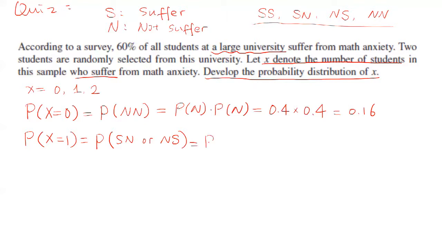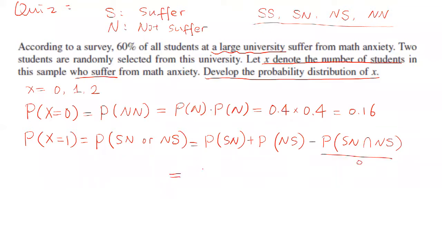And according to the formula, the probability of the union of two events is the probability of the first event plus the probability of the second event minus their intersection. Okay, SN and NS cannot exist at the same time, so this intersection probability is 0, right?